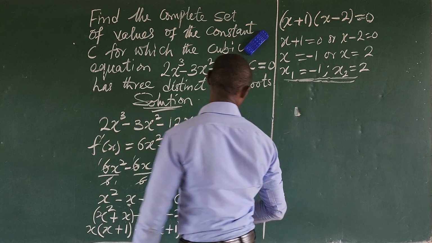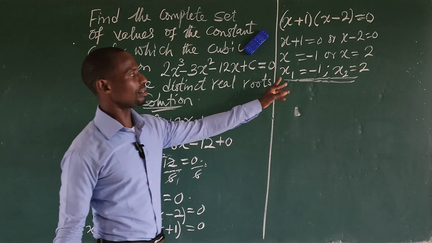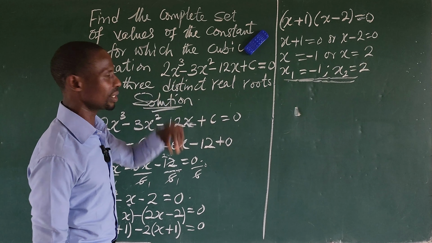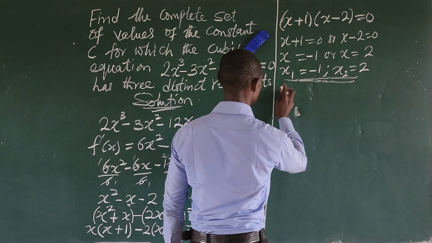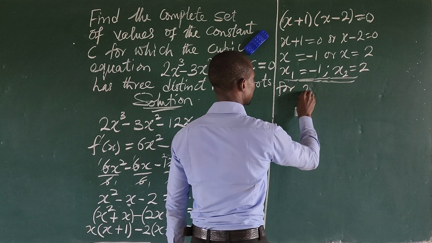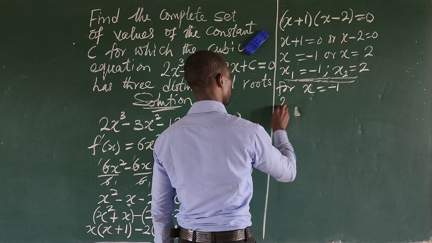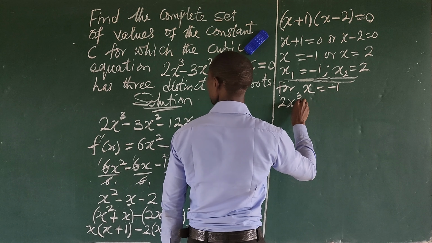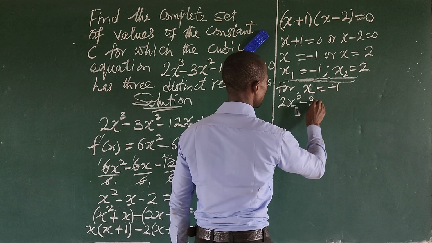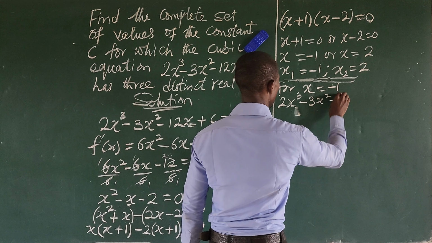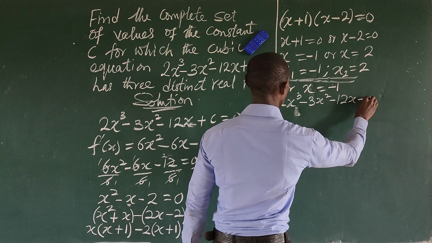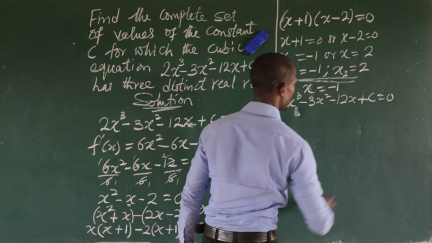So how do we get our c? We take the first value of x and substitute it into this equation. So we now say for x equal to minus 1, we're going to have our equation, which is 2x to the power of 3, then minus our 3x squared, minus our 12x, then plus c equal to 0.